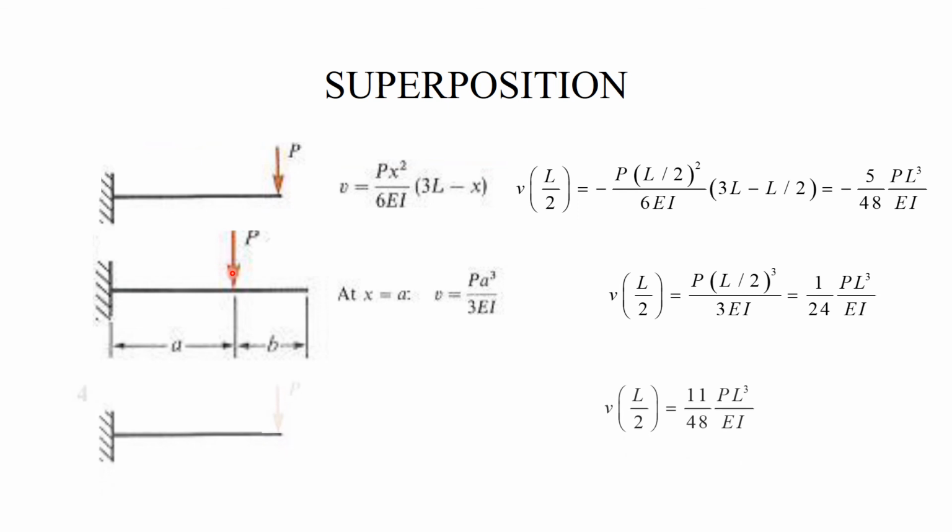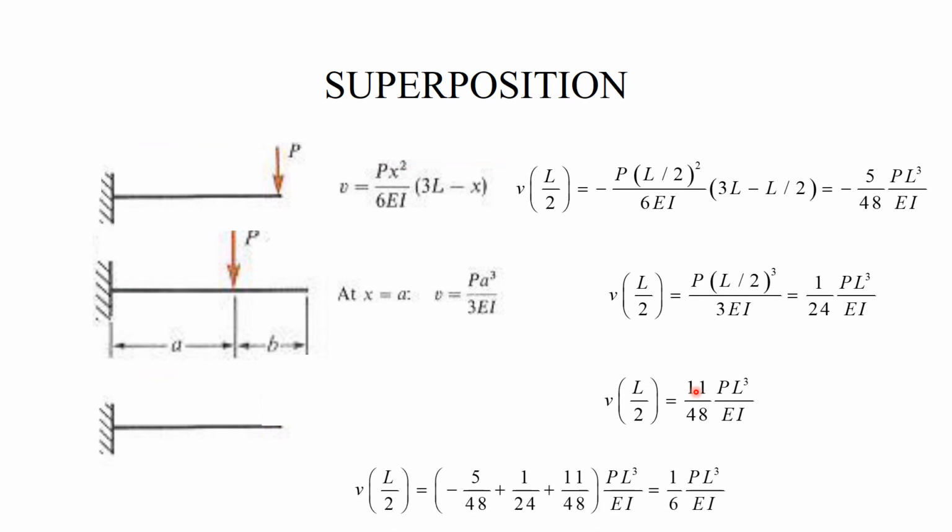And finally, we have the contribution from the rigid body motion. And now we will add these three together, and we will obtain the answer that involves minus 5 over 48 plus 1 over 24 plus 11 over 48. It is 1 over 6 PL cubed over EI.